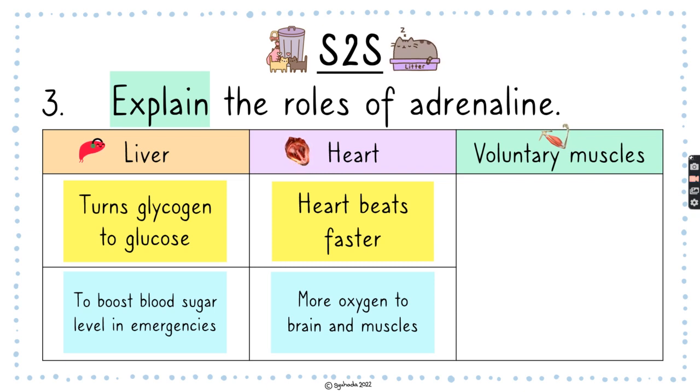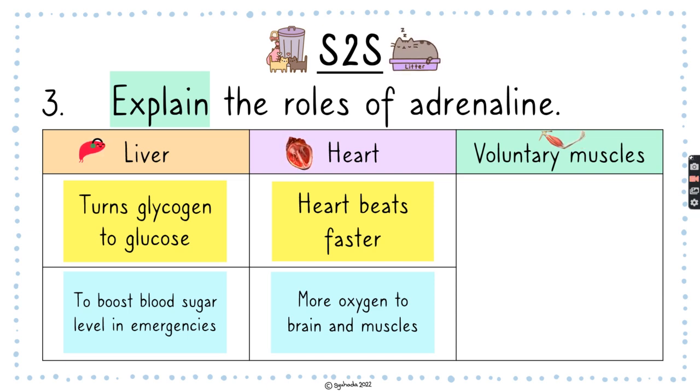When you look over here, we have glucose, and more oxygen to the brain and muscles. The main idea we're looking at is more respiration and more energy, so that you can either fight or run away from danger.